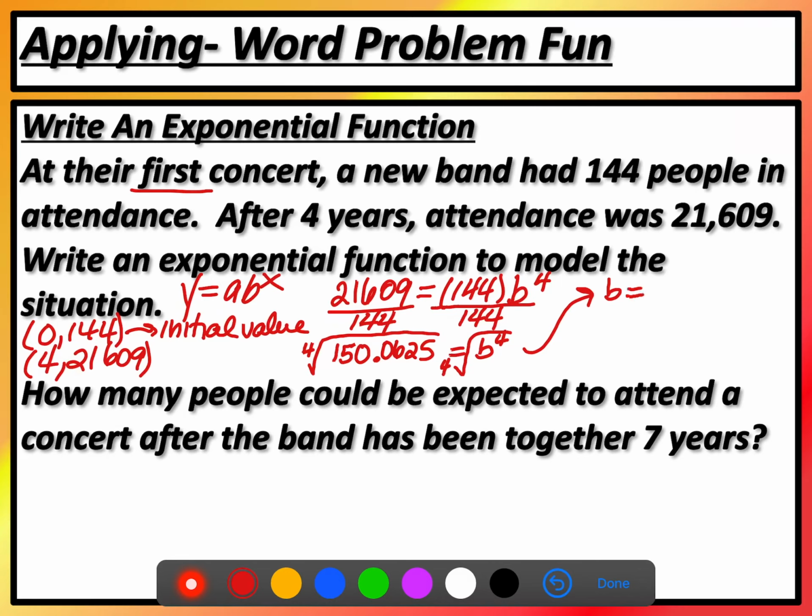If need be, you can round that to 4 decimal places, but we get 3.5. That's nice and terminates for this one. So my equation here is y equals 144 times 3.5 to the x.